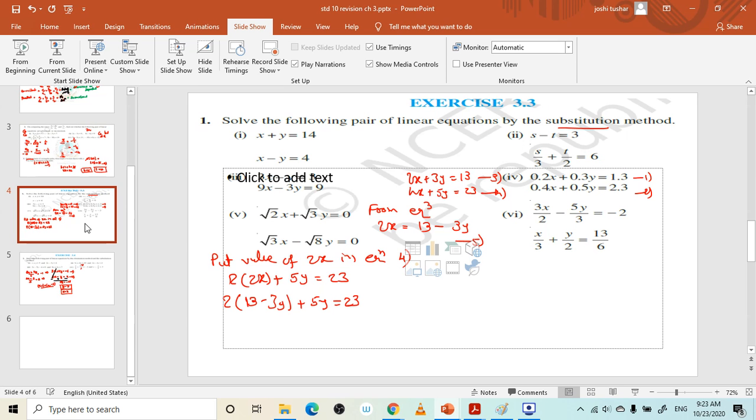Actually I have taken all questions of this exercise, but I have solved just one. If you are clear, then we can go to the next question. Otherwise, if you are confused in substitution or elimination, because both methods are important, I can take more. Otherwise, I want to start the fourth chapter in the revision part. Is it clear? Okay, thank you.